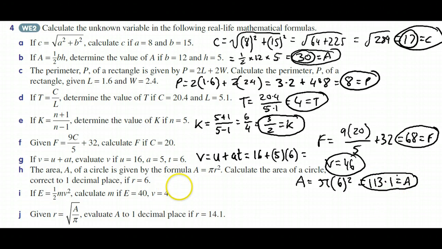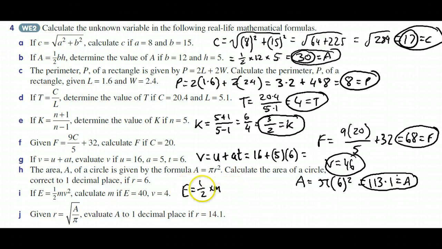Okay, and the next one, we've got E equals half mv squared. So let's rewrite it as E equals half, and then we've got m. Oh, we've got to calculate m, so we might have to rearrange this equation at the end. Let's just write m in there for the moment.